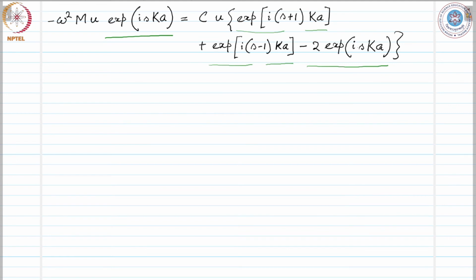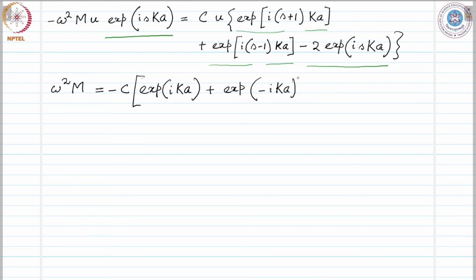If we do that, we get omega squared times m equals minus C exponential of i Ka plus exponential of minus i Ka minus 2. This is what we obtain.